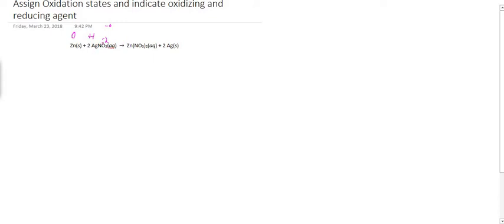Now the silver nitrate as a whole is neutral, and so I have a -6, and I have the +1 from the silver, and so that's going to make the oxidation state of the nitrogen a +5. So the oxidation states for silver nitrate: the oxygen's -2, the nitrogen's a +5, and the silver itself is a +1.